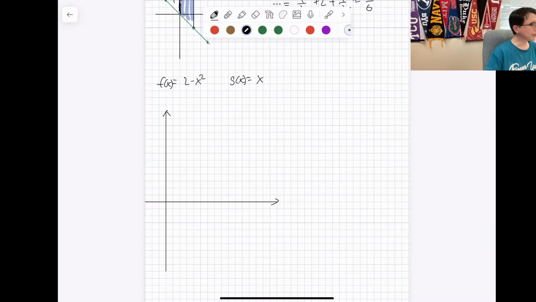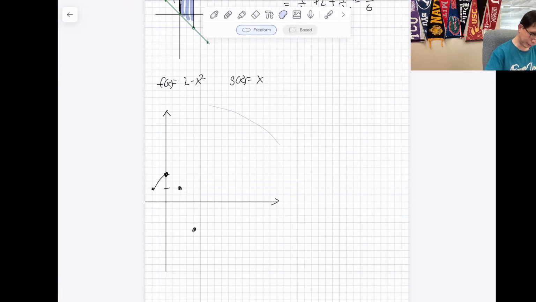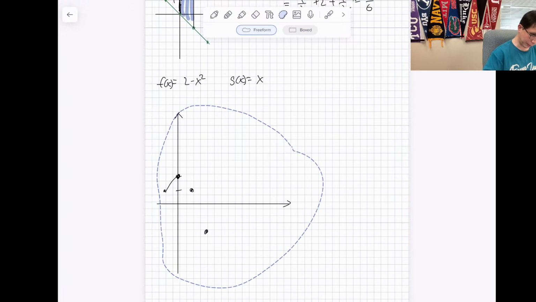What's the graph of 2 minus x squared look like? Good. So it has a vertex at (0, 2), and upside down it's like this. And this is the other way. Actually, I'm going to probably have to move a little bit.